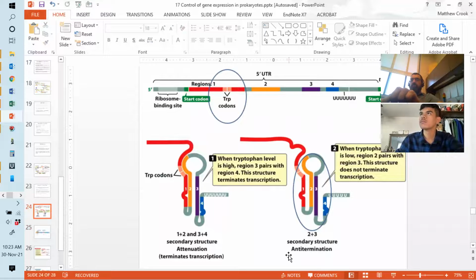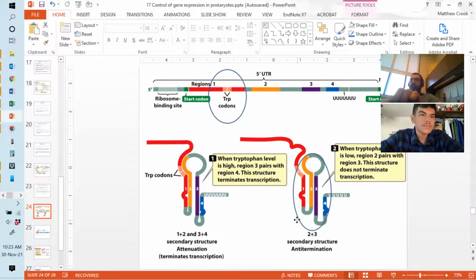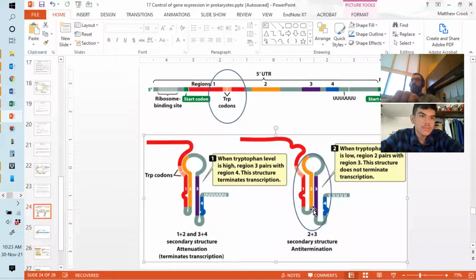But how does that turn into essentially these two different possibilities? Here's one conformation where you have region 2 and 3 bound. That is pro-transcription. Here's a different conformation where you have regions 3 and 4 bound. That is anti-transcription.